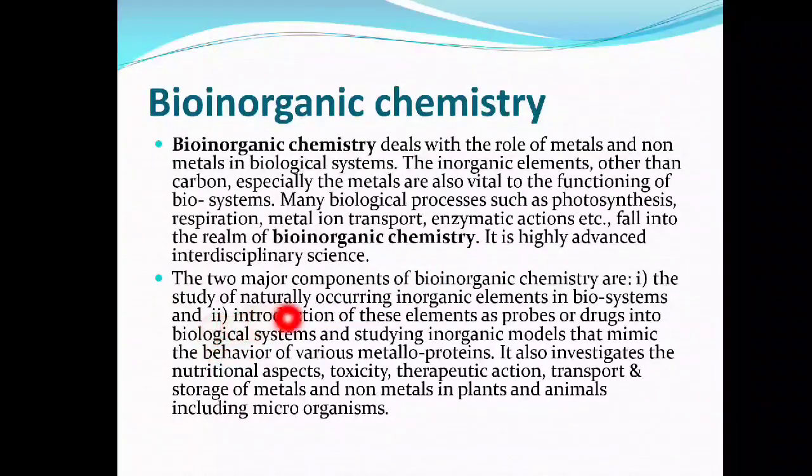The two major components of bioinorganic chemistry are, first, the study of naturally occurring inorganic elements in biosystems, and secondly, the introduction of these elements as probes or drugs into the biological system, and studying inorganic models that mimic the behavior of various metalloproteins. It also investigates the nutritional aspects, toxicity, therapeutic action, transport, and storage of metals and non-metals in plants and animals.